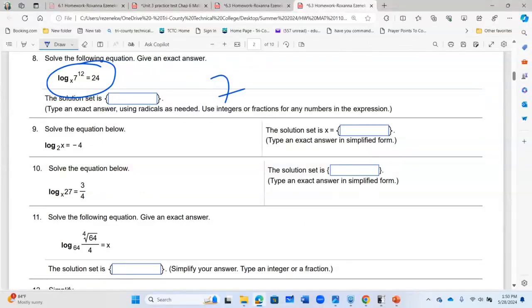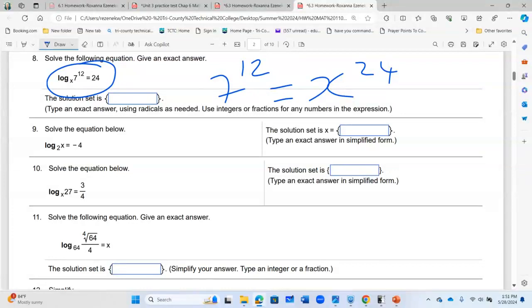So 7 to power 12 is equal to x to power 24. When you see this kind of question, we want to see if there is any way we can rewrite it to give an exact solution. This time we are solving for x.